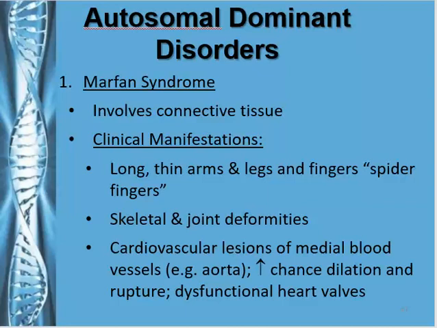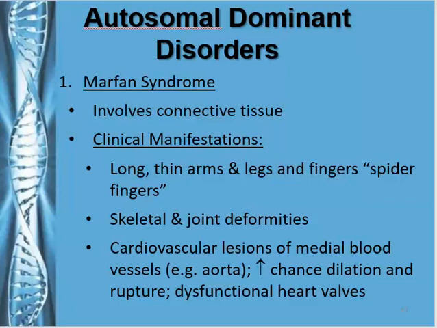Marfan syndrome is a syndrome of connective tissue, where the genetic coding to make connective tissue becomes screwed up. They have arachnodactyly, which means spider-like fingers.